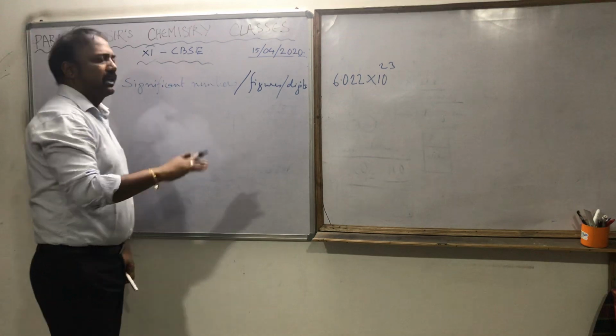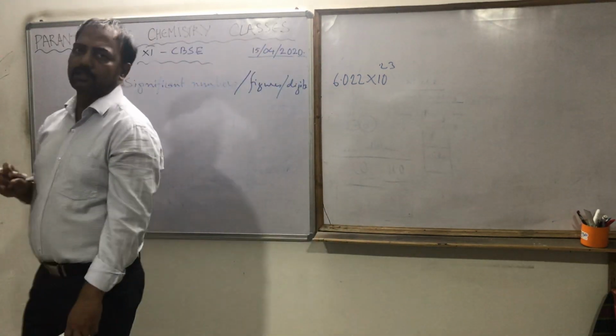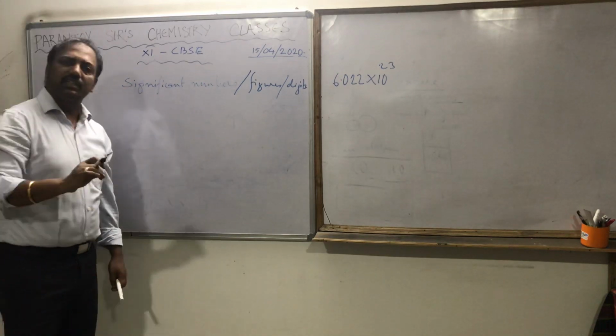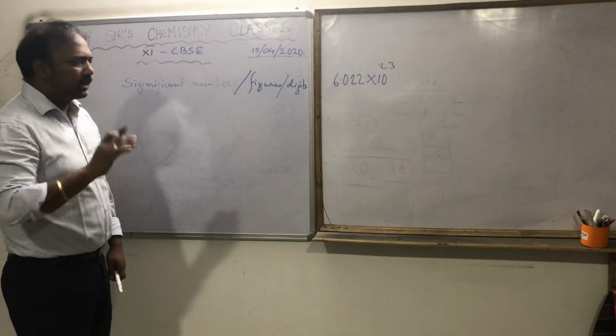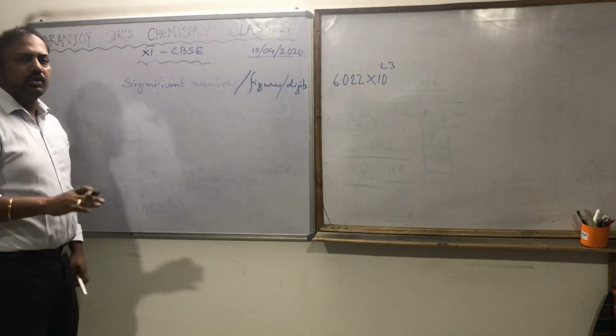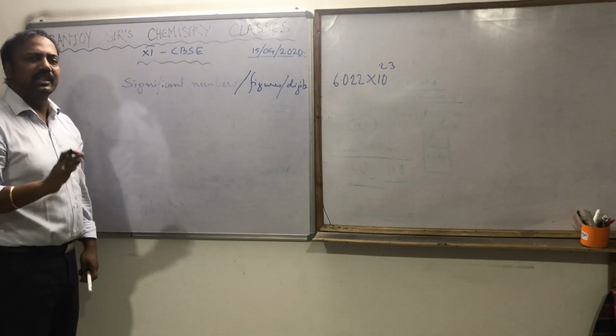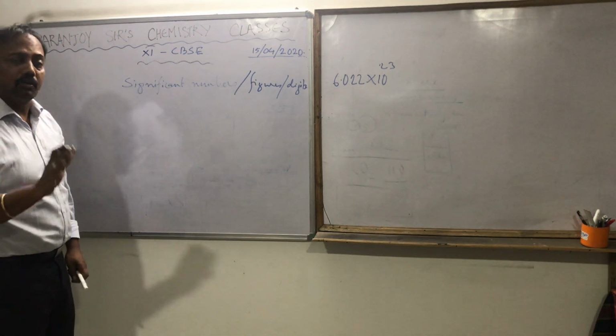All the digits present in a number are not necessarily significant. There are certain rules, a set of rules, which tell us whether a digit is significant or not.